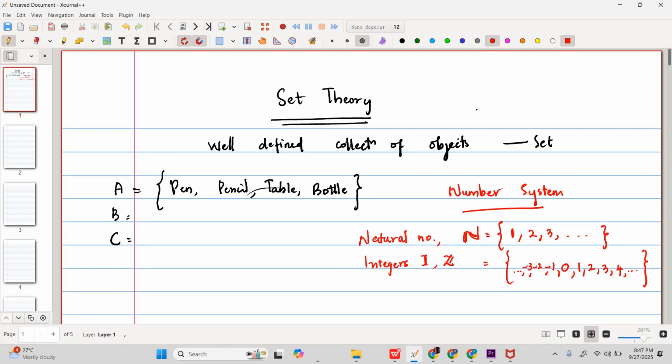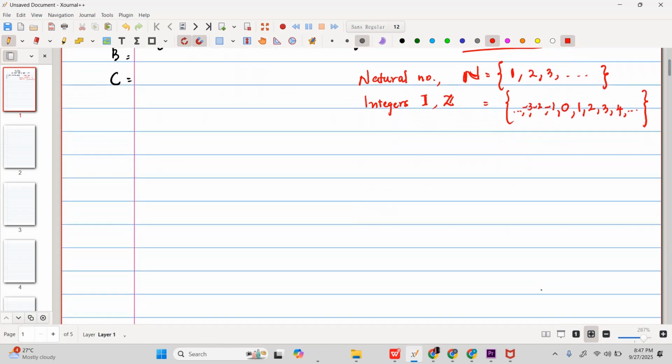So this is the set of integers, and then we have the rational numbers. Rational numbers are generally represented by Q, and are the collection of all numbers of the form P by Q, where the denominator is not equal to 0, and P and Q are from the set of all integers.